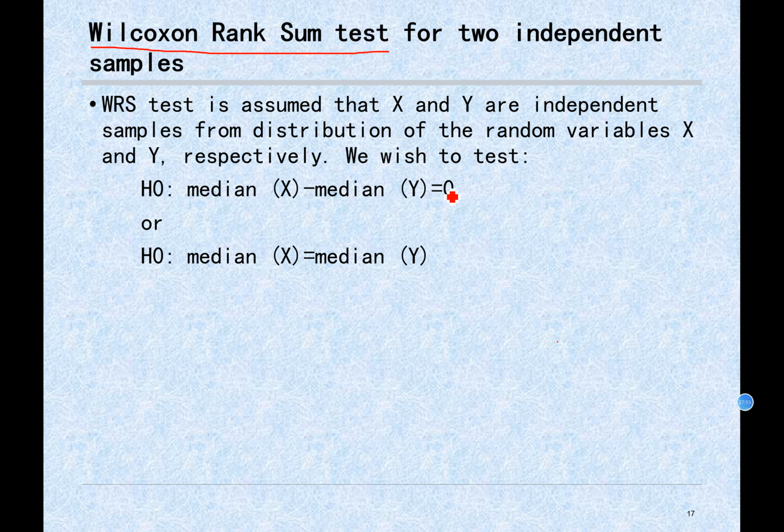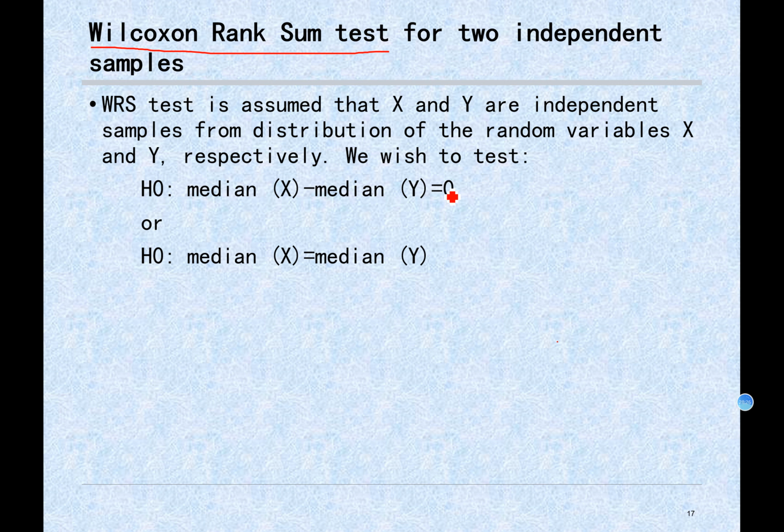The key point is signed, because the signs are what we must consider in the question. But here, in the second method of Wilcoxon rank sum test, there are no signs anymore. Or we can say that we don't need to worry about the signs.